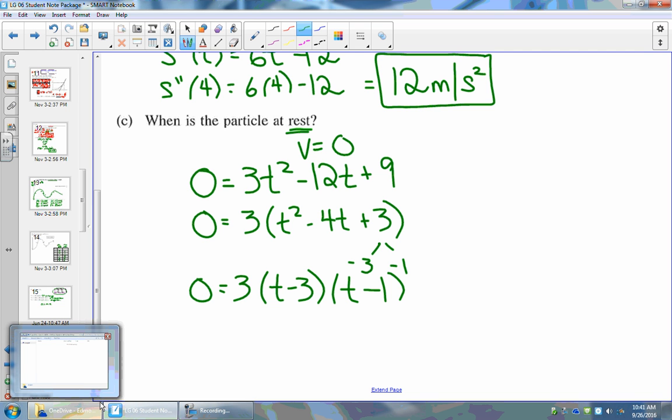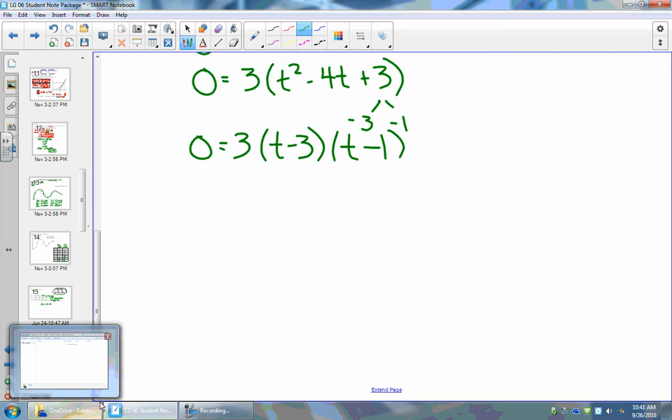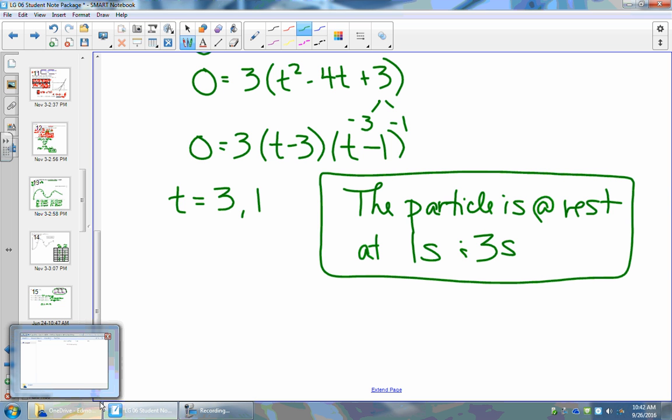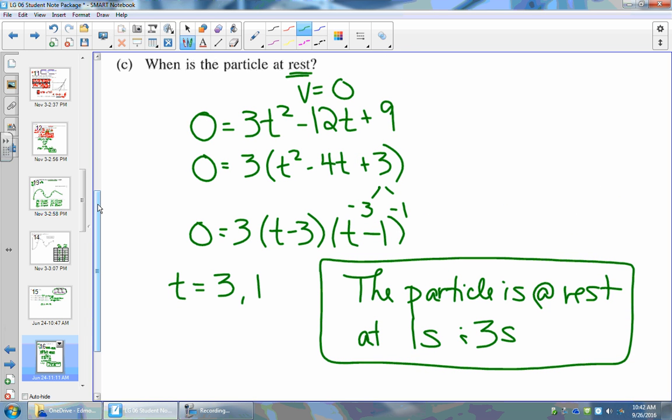So therefore, because we factored it and we want to solve for our t, t is going to be equal to 3 and 1. So when is the particle at rest? Well, the particle is at rest at 1 second and 3 seconds. Okay, so the important part of that question definitely was, when is the particle at rest? Thinking that must mean that our velocity is equal to 0.